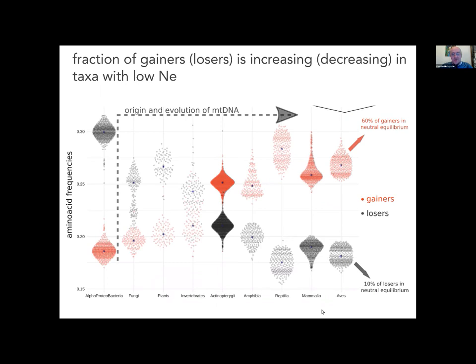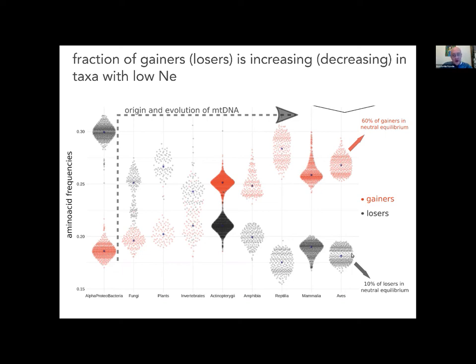Next, we decided to count the fraction of losers and the fraction of gainers for many complete genomes. So we took into account reference genomes, complete mitochondrial genomes for fungi, plants, invertebrates, and vertebrates. And we calculated the fraction of losers and the fraction of gainers in all mitochondrial protein coding genes. And we can see that gainers, red, are more common, at least in vertebrates, as compared to the fraction of losers.